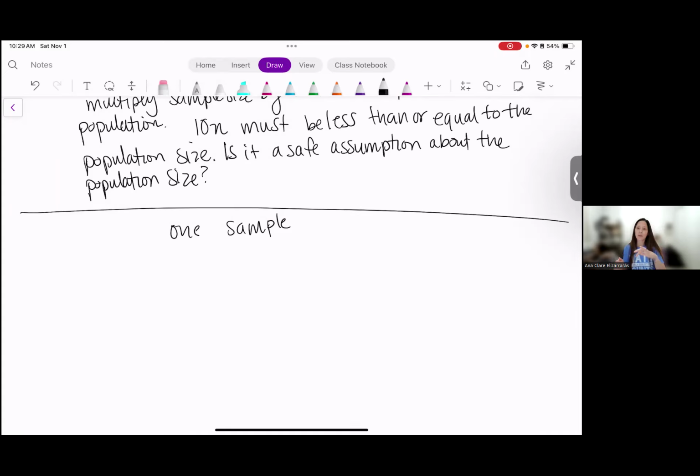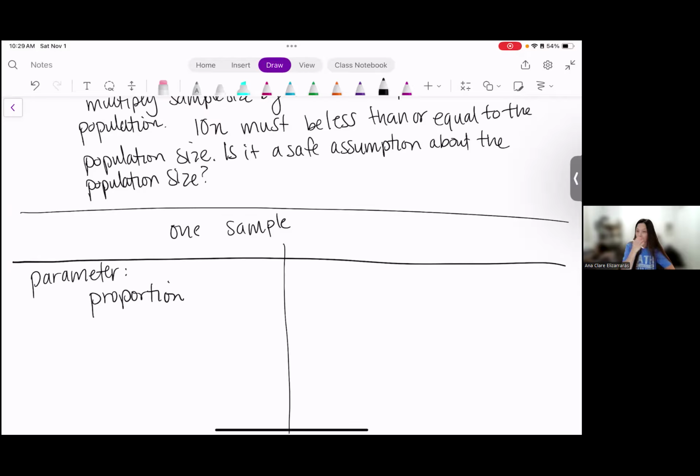And is the parameter mean? Is it proportion? I'm going to start with proportions. And we are dealing with the large counts / normal condition.